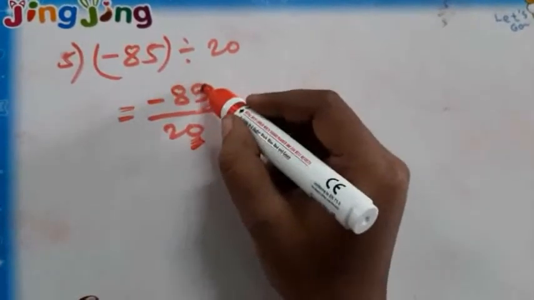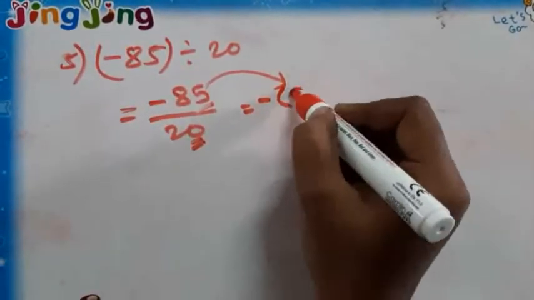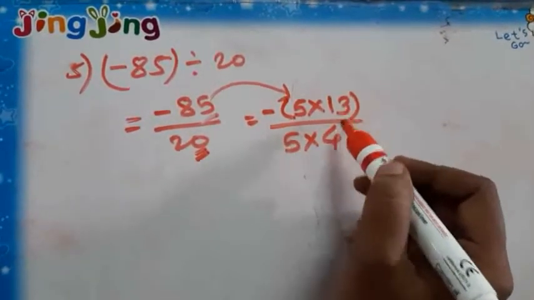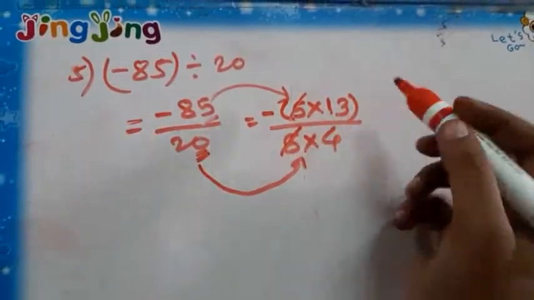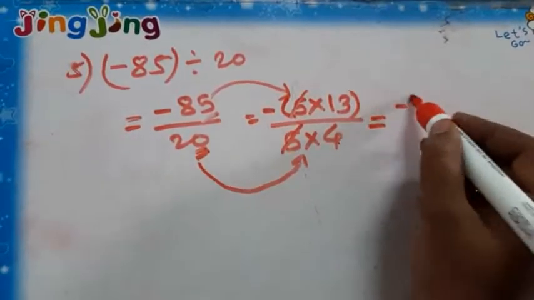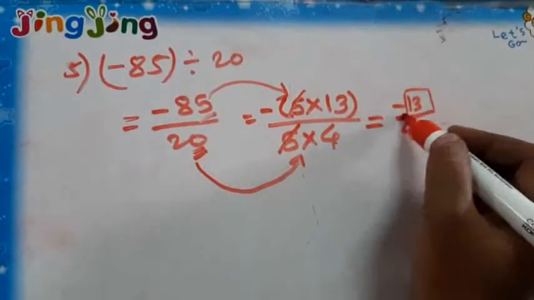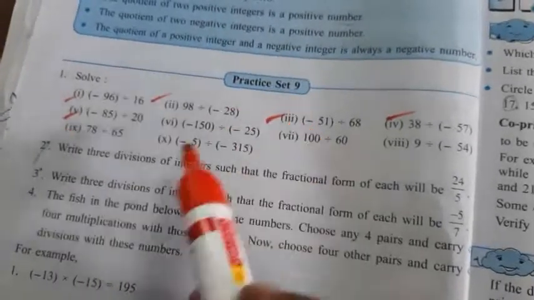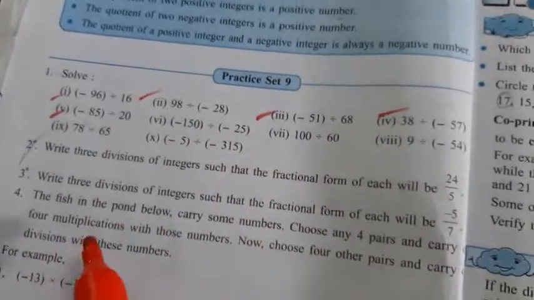So 85 can be written as 5 into 17, with minus sign as it is, and 20 can be written as 5 into 4. 5 gets cancelled. Remaining is just minus 17 divided by 4. After this division is not possible because 17 is a prime number. So from your practice set 9, I have solved first 5 examples. Next 5 examples you have to solve in your notebook.